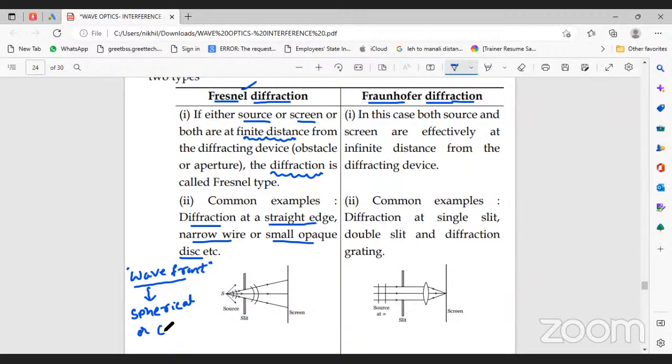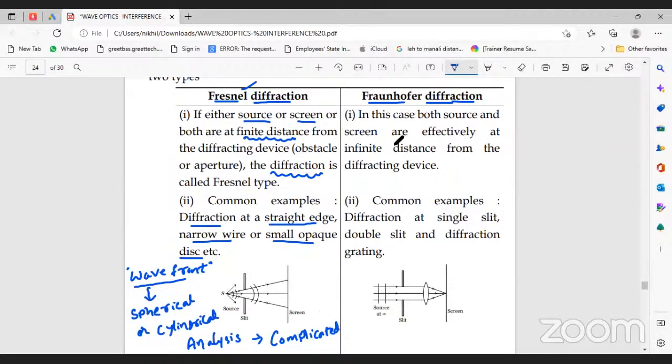Either a spherical wavefront or a cylindrical wavefront. Also remember, the analysis in the Fresnel diffraction is very complicated. It is not an easy method. Analysis is tough.